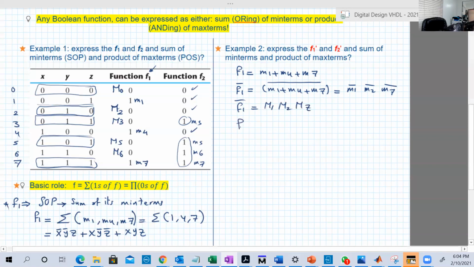So f1 prime is basically the multiplication, or the product, of 1, 4, and 7.